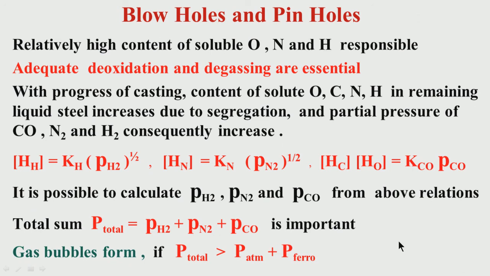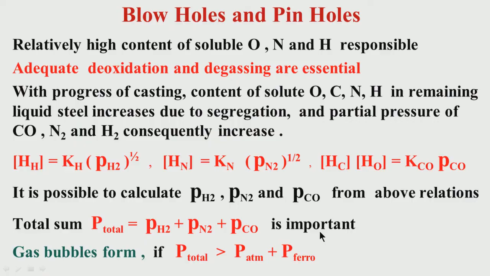So, please remember the secret of having no blowholes and pinholes in the cast product when you are continuous casting from liquid steel to either slab, bloom, or billet, whatever it is, or even during ingot casting. This is in principle true for everything.